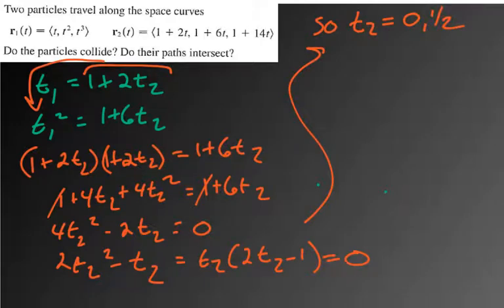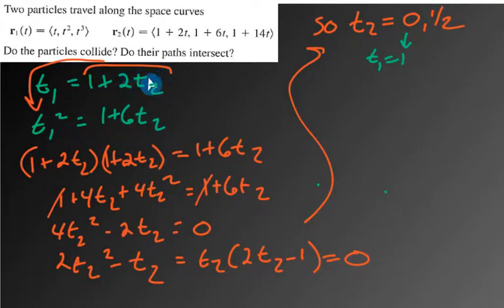And it's looking like if it's one of those, then they should intersect. So just to kind of show you, to be super clear, if t2 is 0, right, over here, that's going to happen when t1 is 1, okay? So this one happens when t1 is 1.